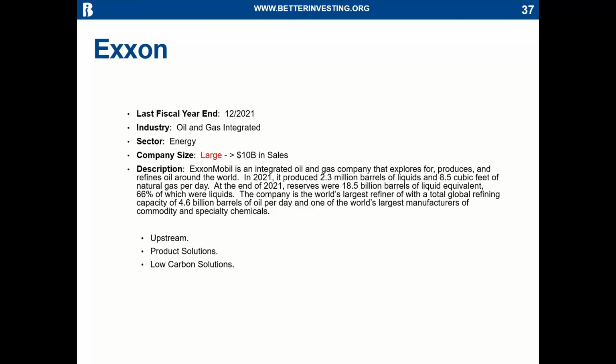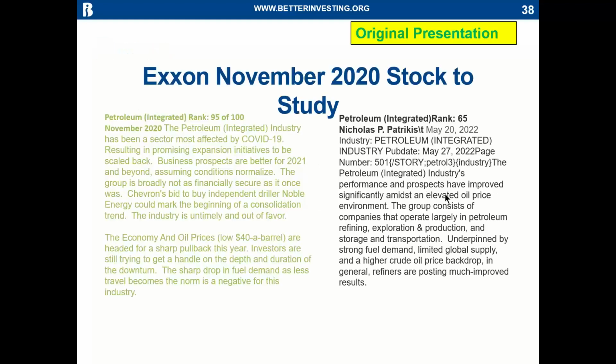They do product solutions, mostly with those specialty chemicals. And they also are into low carbon solutions, trying to get on the bandwagon along with a lot of other companies in reducing the carbon effect on the world. Next slide.